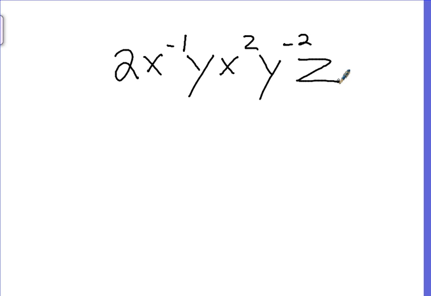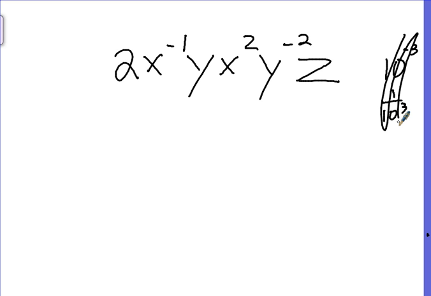What did we do? Let's backtrack. For example, how do we resolve that one? That would be 1 over 1,000. That's 1 over 10 to the third, right? Or 1 over 1,000, right? So we can do the same thing with these. So that's going to be 1 over x, right?